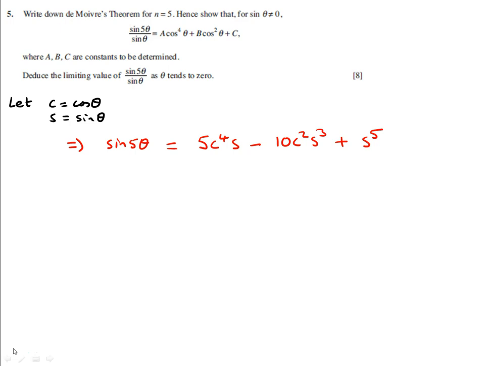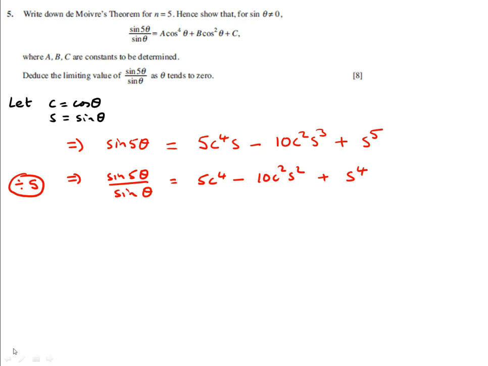So, dividing through now by sin θ, because we've been told that sin θ is not equal to naught, and that's perfectly allowable, we've got sin 5θ divided by sin θ is going to be 5c to the 4 minus 10c squared s squared plus s to the 4.